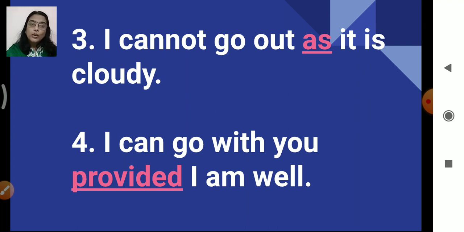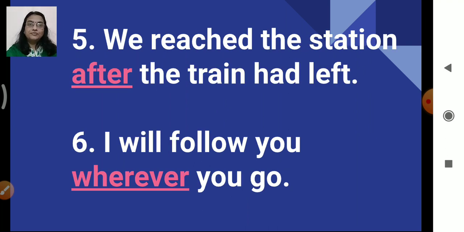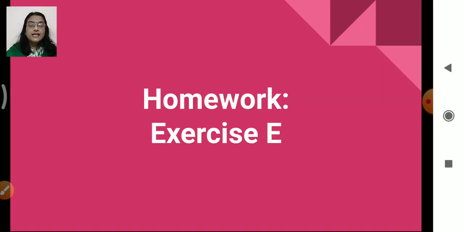I can go with you provided I am well. Okay. Then fifth one. We reached the station after the train had left. I will follow you wherever you go. Okay. Now we are finished with this exercise.